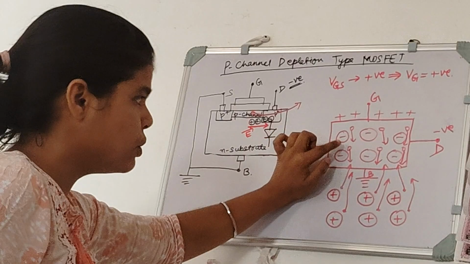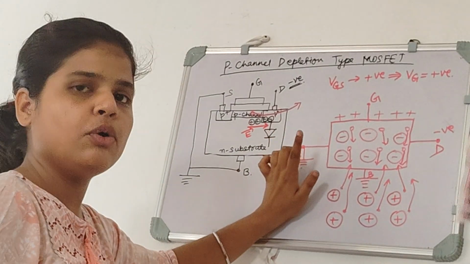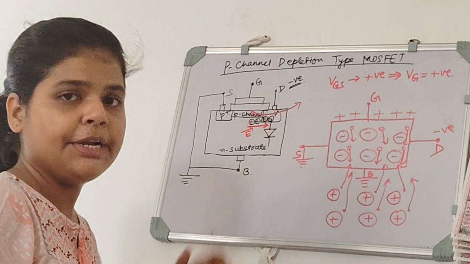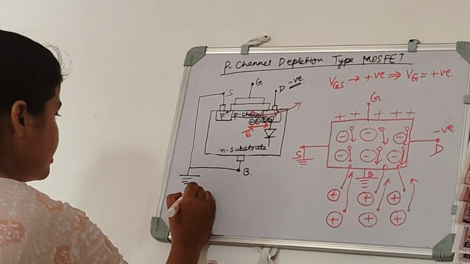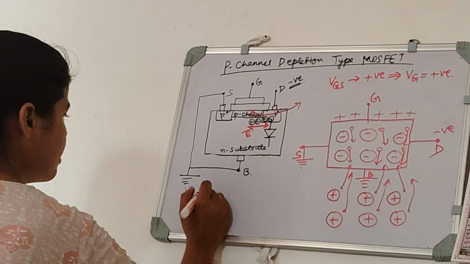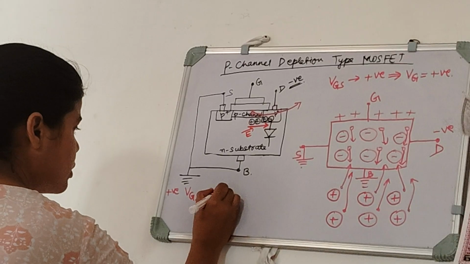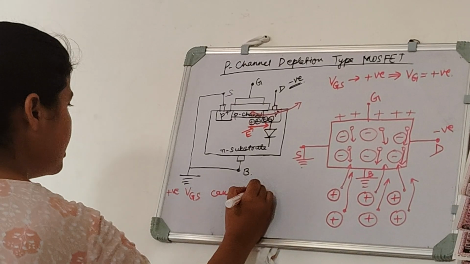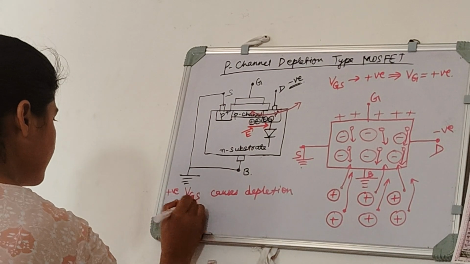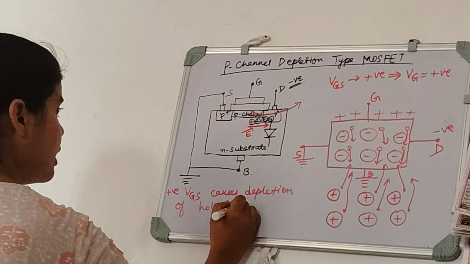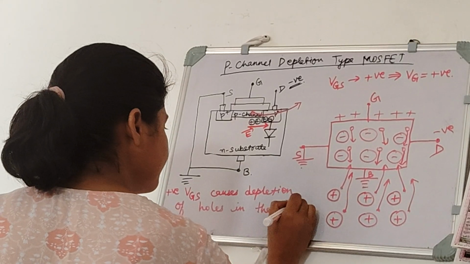So these holes and these electrons will recombine together, and that will cause the channel to get depleted of holes. So we can write that VGS, that is positive VGS, causes depletion of holes in the channel.